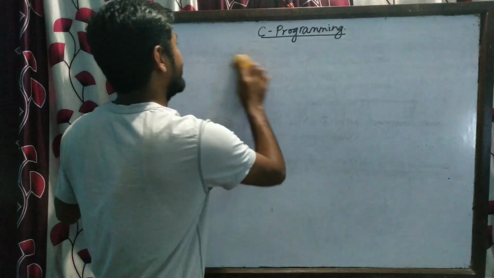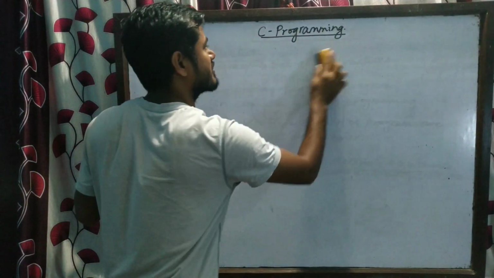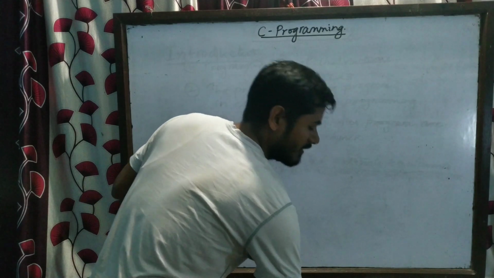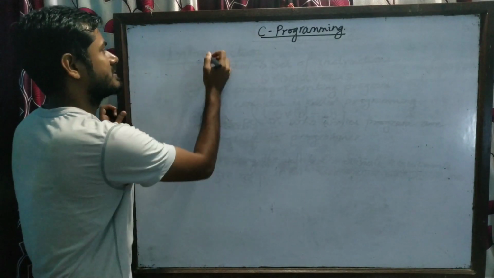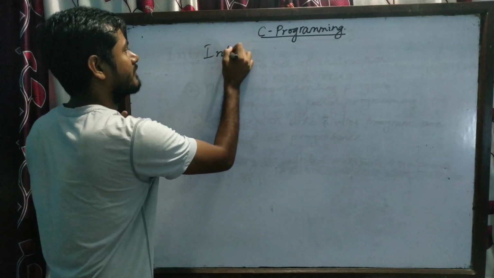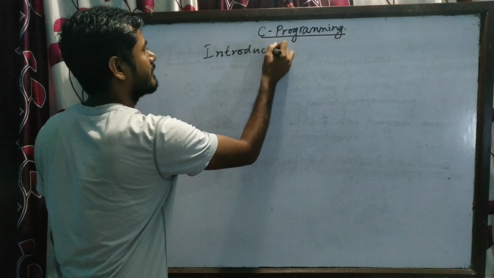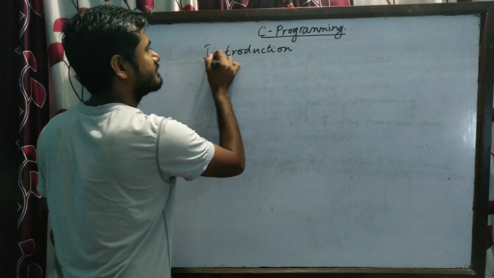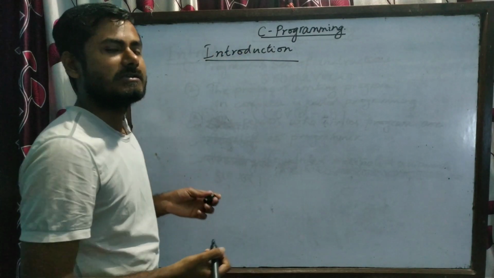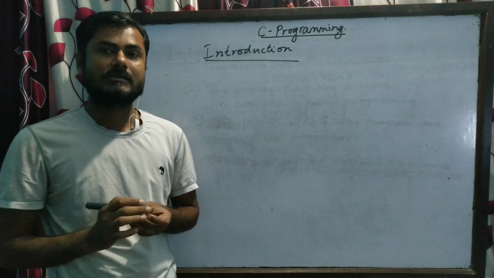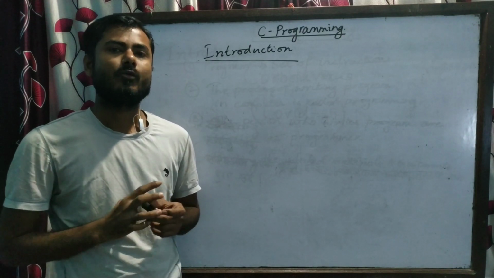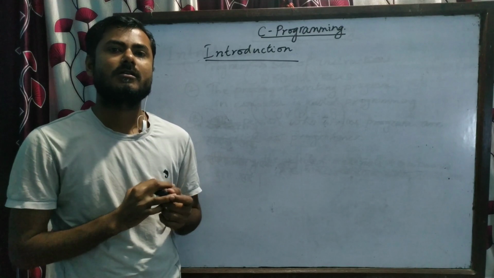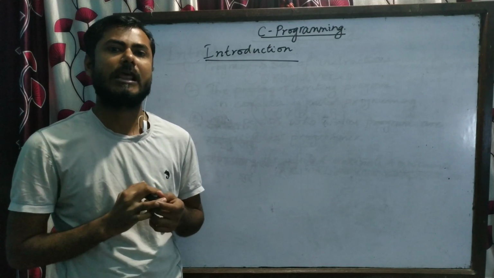Before that, I am going to give you a little introduction about C programming. Let us see the introduction. C programming is a computer programming language, which is a powerful programming language.